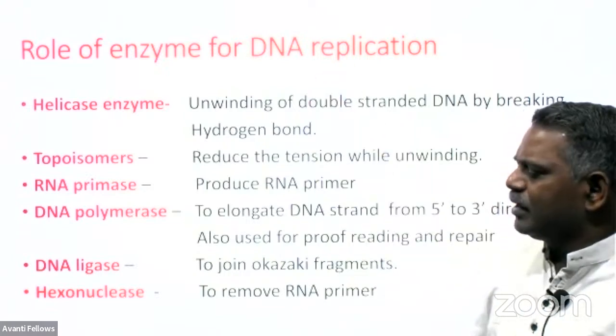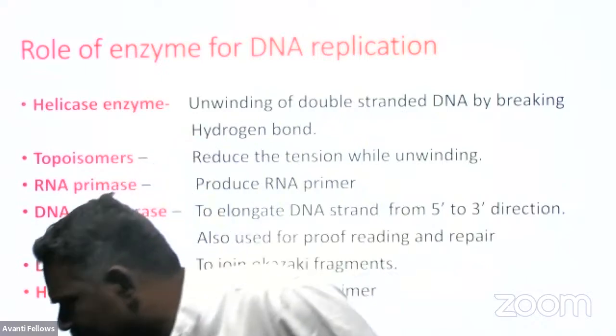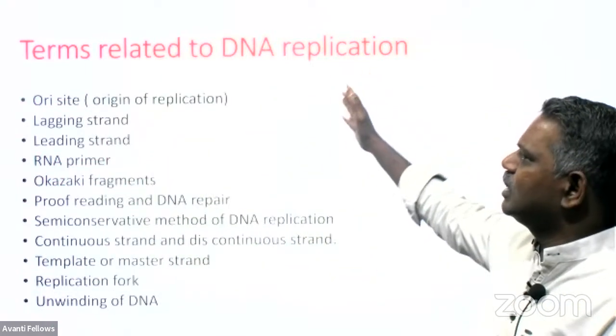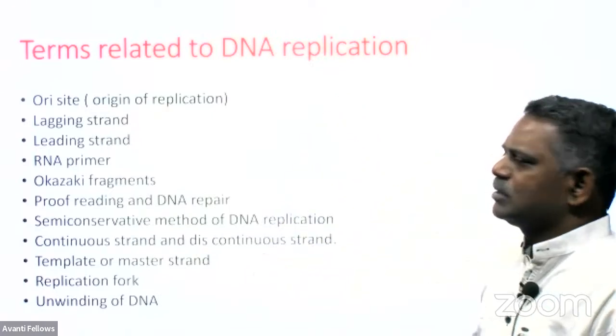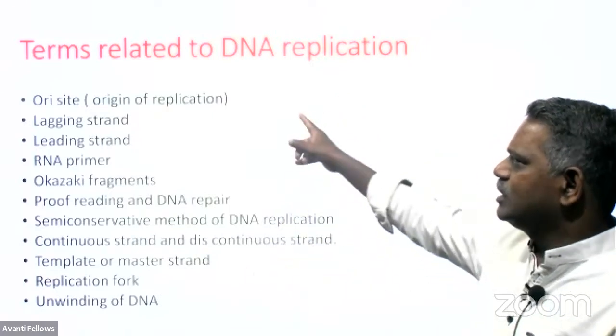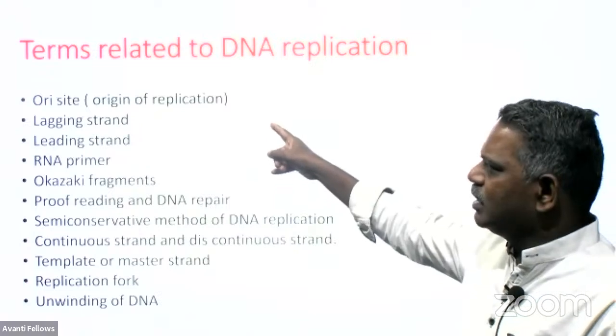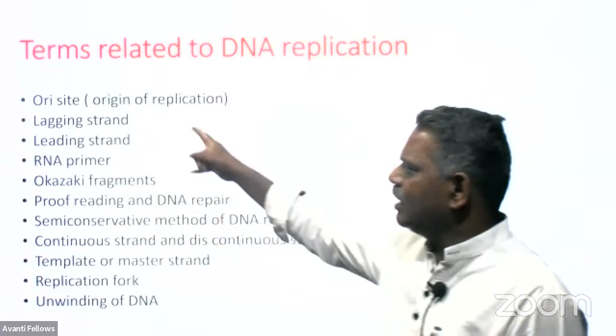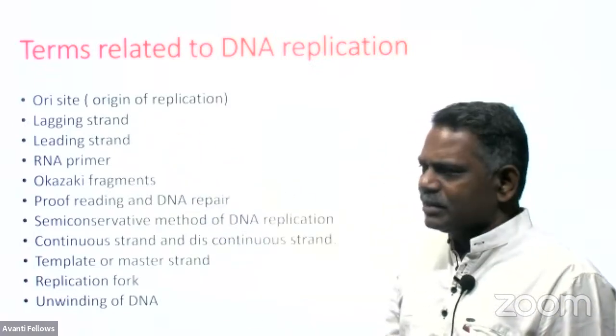And see the terms and terminology that we use during the process of DNA replication. Origin is the place from where the replication originates. Then the lagging strand and the leading strand.